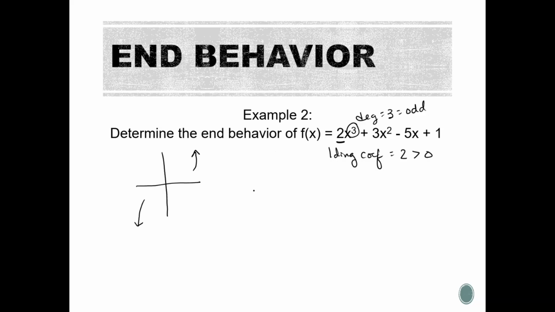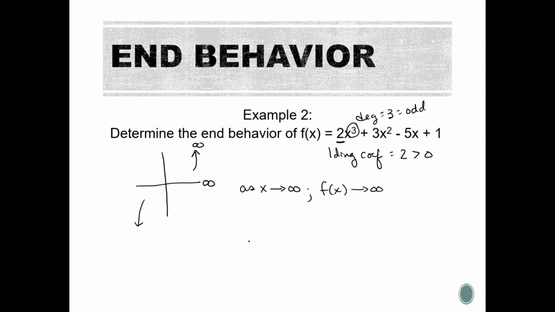Well, we're going to state that by using some arrow notation or some limit notation. So one way is just to say as x goes to infinity, in other words, as x gets huge, f of x also goes to infinity. So what I'm talking about here is x goes to the right, the function goes up.